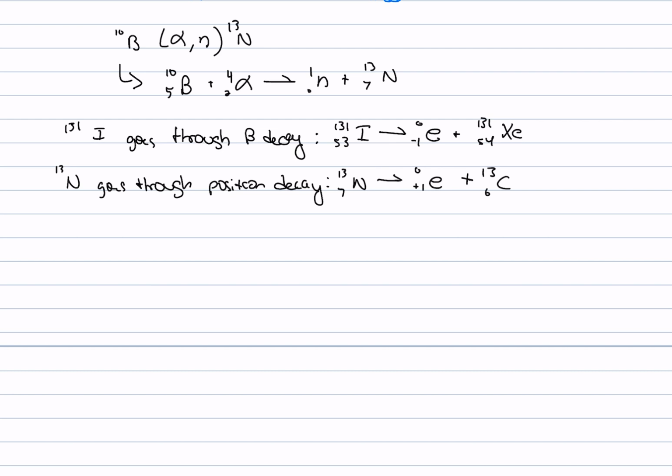And for electron capture, we get the same answer as this, except the reaction would just look a little bit differently with the electron on the left side rather than the positron on the right.